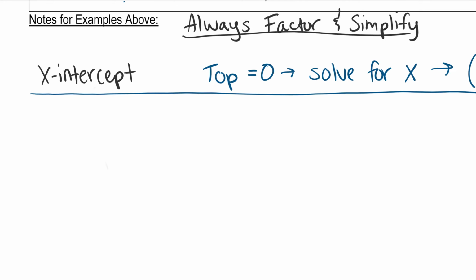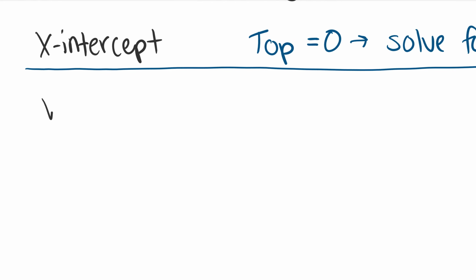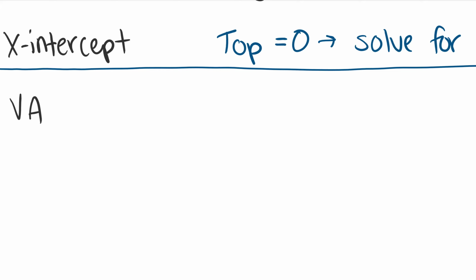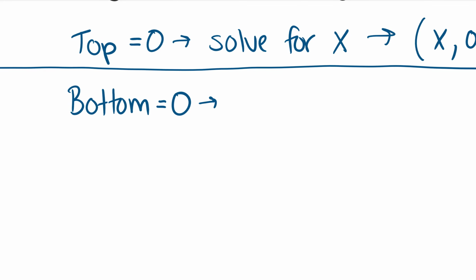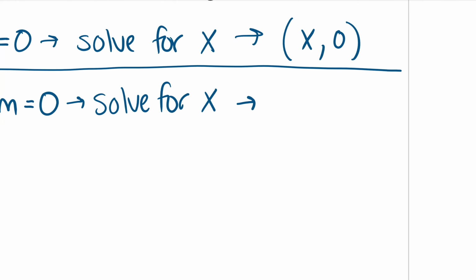Okay, next thing on our list to find is VA. That is vertical asymptote. If you want to write that out, feel free to. I'm not going to. So to find the vertical asymptote, I am going to set the bottom equal to 0. Okay? And then again, I still solve for X. And then my answer is just X equals whatever number I find.